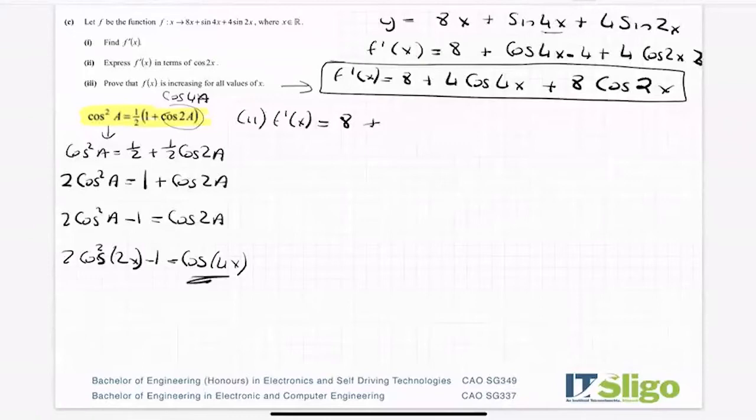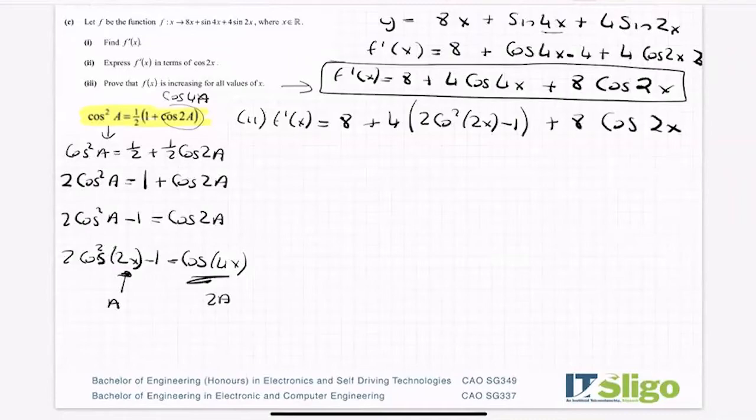I have an expression for cos 4x. I let a be 2x, so therefore 2a was 4x. So I am getting 4 times 2 cos squared of 2x minus 1, plus 8 cos of 2x.